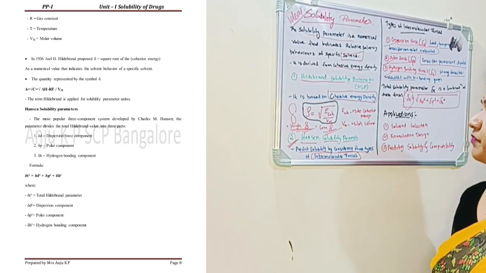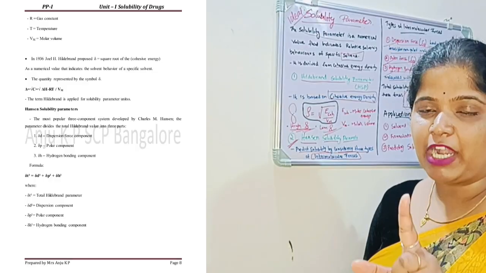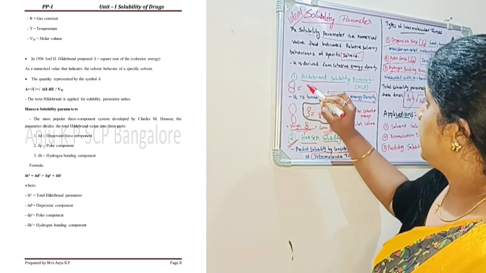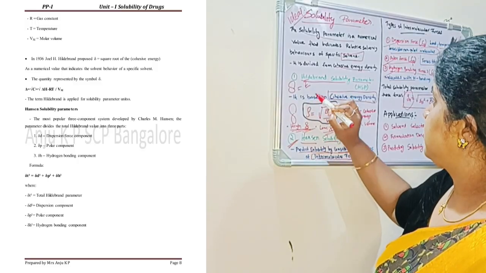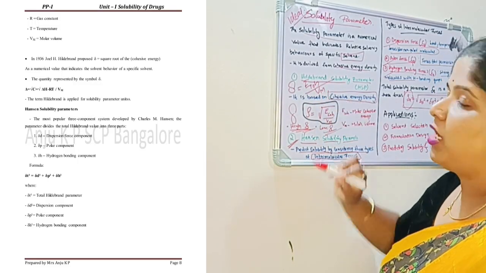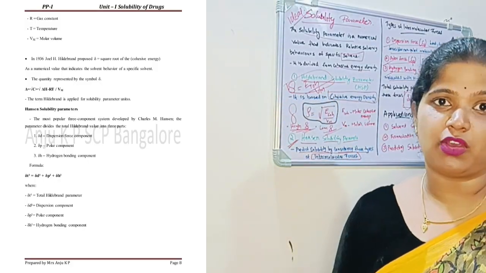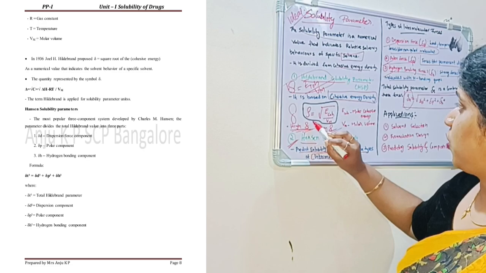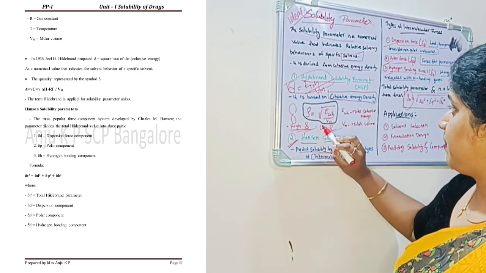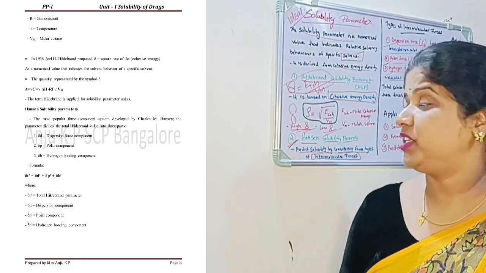In the case of the Hildebrand solubility parameter, the first thing to remember is the cohesive energy: delta is equal to the square root of molar cohesive energy divided by molar volume. This is the second finding of Hildebrand.